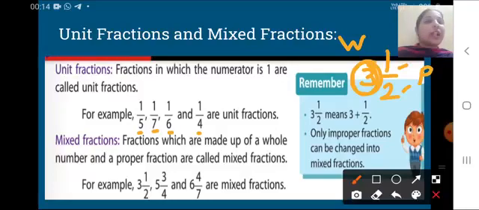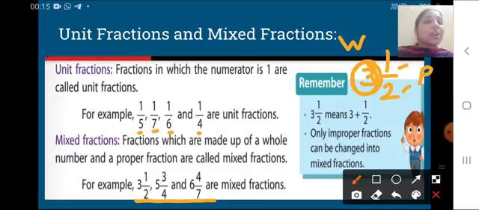So that type of fraction which is made up of a whole number and a proper fraction is called a mixed fraction. And they are written like this. You can see here the examples 3 whole 1 upon 2. We will read it as 5 whole 3 upon 4.